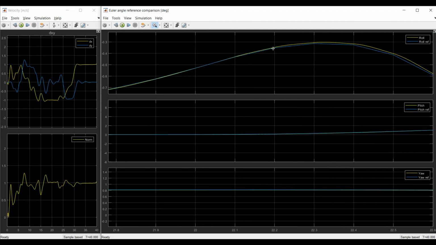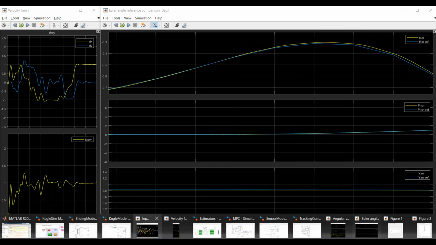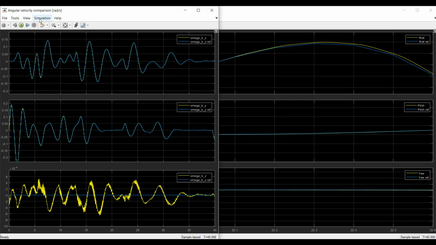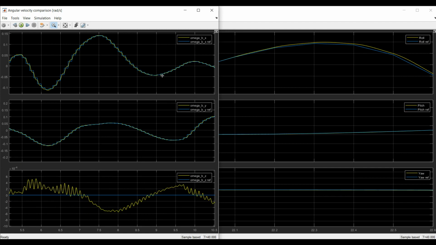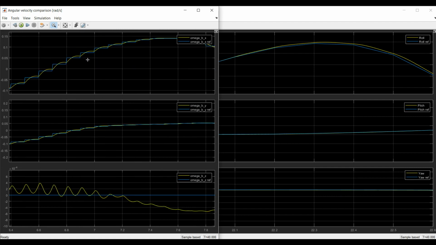We do see some steps here, but that is more obvious when we look at the angular velocity reference, where we will also see a nice tracking tendency, but we do indeed see the steps of the lower rate MPC, in this case running at 20 Hertz, such that we see the reference changing at a 20 Hertz frequency, which creates these sort of first order tracking steps.